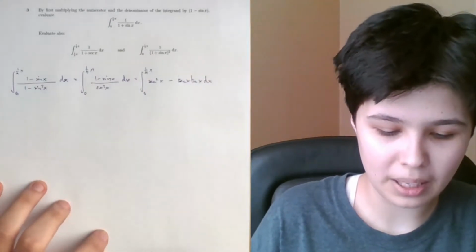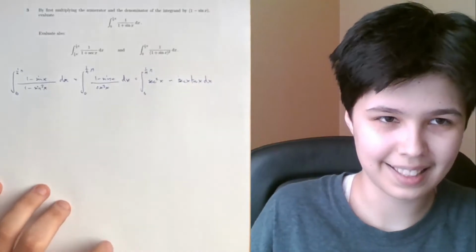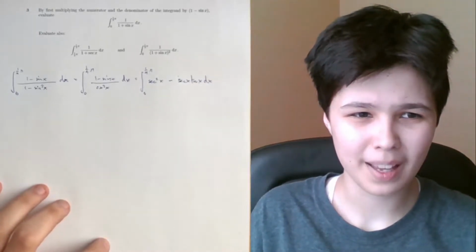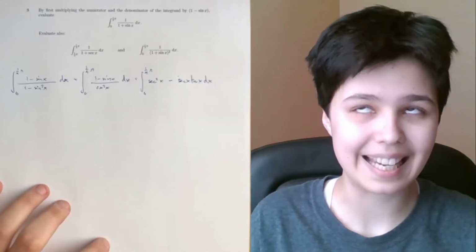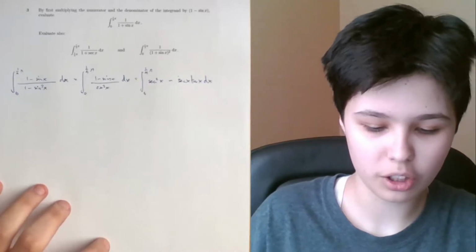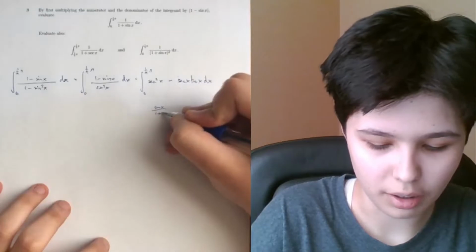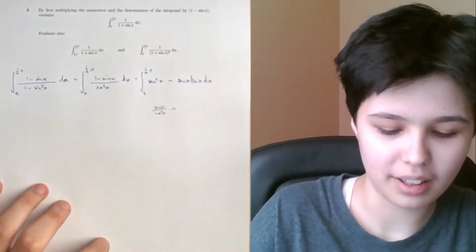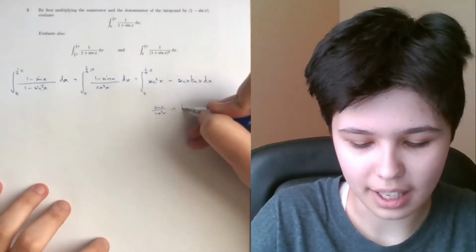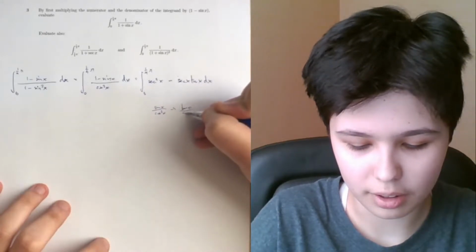The trig manipulation here, especially with the sec x tan x, might not be obvious. So in an exam, I suggest you just write that out as sine x over cos x. Now you're like, oh look, there's a tan in there, so it's tan x over cos x.